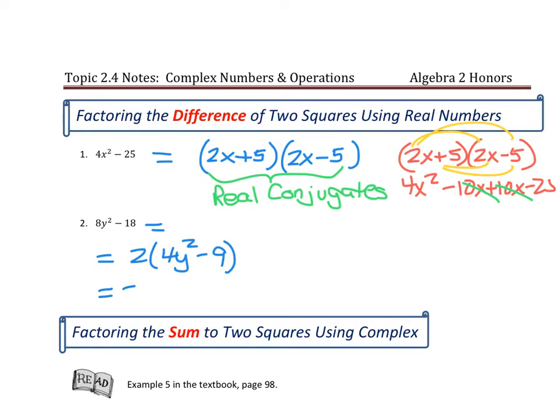I've already got my 2 out, and I've got the difference of two perfect squares. So I've got 2y times 2y is going to give me the 4y squared, and positive 3 times the negative 3. These are real conjugates. That middle term is going to cancel, and so right here we've completely factored 8y squared minus 18 into 3 distinct factors, and they are all real.